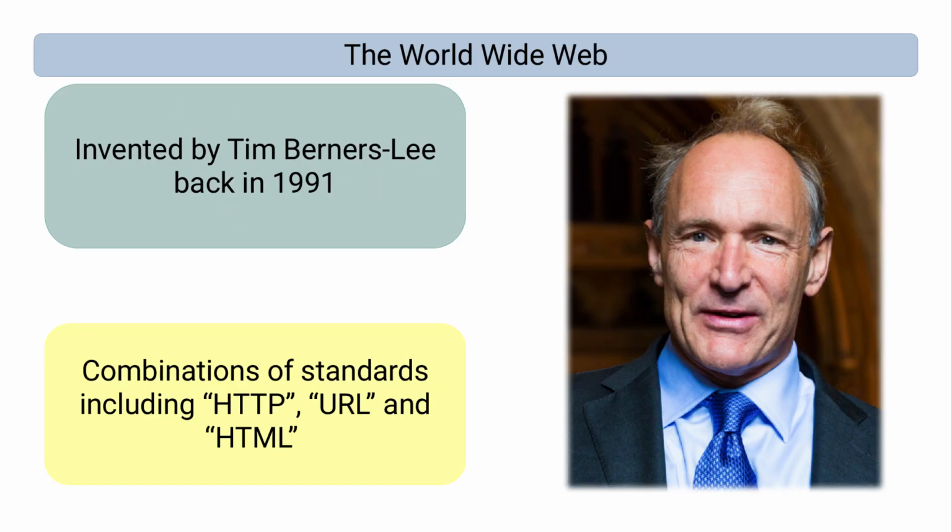The World Wide Web is actually a more recent invention by Tim Berners-Lee in 1991, but the World Wide Web, as we understand it, is actually a collection of different standards and technologies like HTTP and URL and HTML.